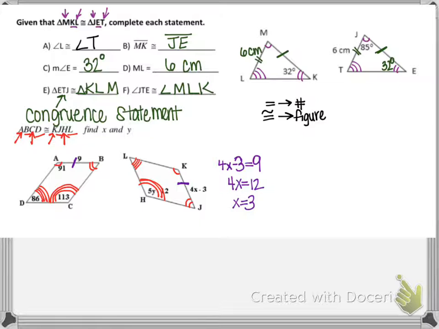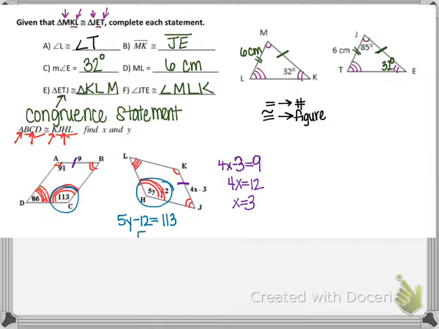Now I want to find y. So I've got this 5y minus 12, and I need to set that equal to something. Well, H and C are corresponding. So I'm going to set 5y minus 12 equal to 113.